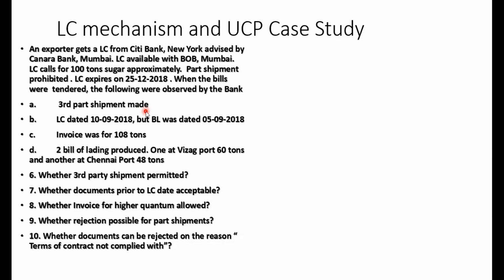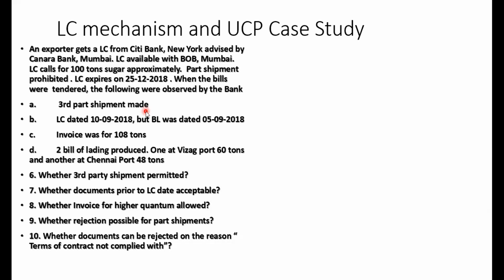The shipper, all other documents will be by the beneficiary, only at the port somebody else's name appears as the shipper. Shipper means the person who ships the goods in the port. If it is a third party other than the exporter, only for shipping, and the name differs on the bill of lading and all, it is not a deviation, not a violation, because third party shipment is not prohibited.